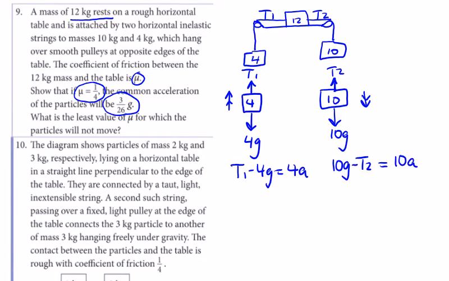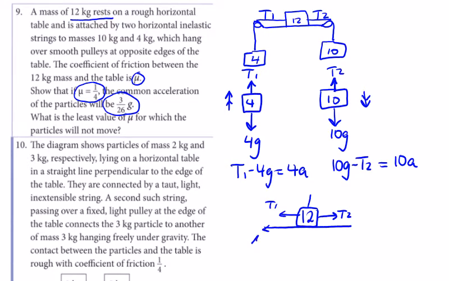And now for the 12, a couple of things going on. I have my R. Let me just move it down a little bit. Do my table. My T2, T1.